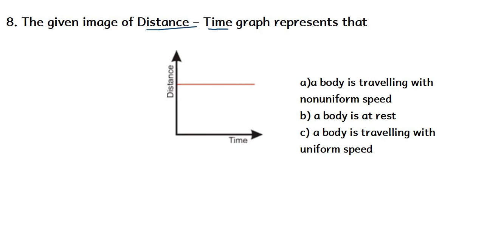Question number 8 gives the distance-time graph. A distance-time graph gives the idea of velocity or speed. Now if the line is parallel to the time axis in a distance-time graph, what does it indicate? If we find different points on this line, we can see the value of distance, or length of path, is not changing with respect to time.